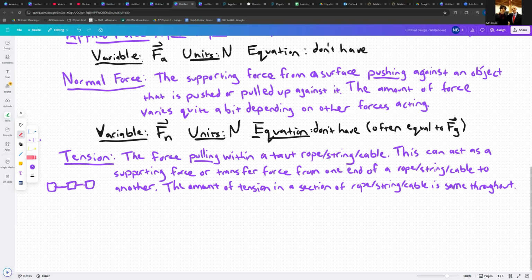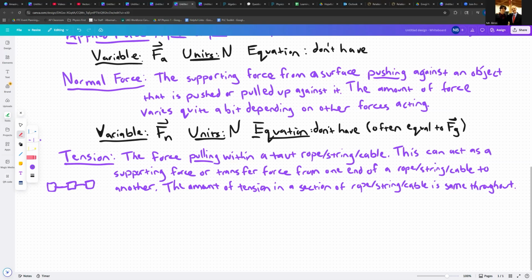So you could basically say the tension pulling on the far right block from that rope and the tension pulling on the middle block from the right string is going to be the same amount, whatever amount of newtons. And then over here, you've got the tension from this left rope pulling on the far left block and pulling on the middle one. That's going to be the same amount of force from that section pulling on both of them.